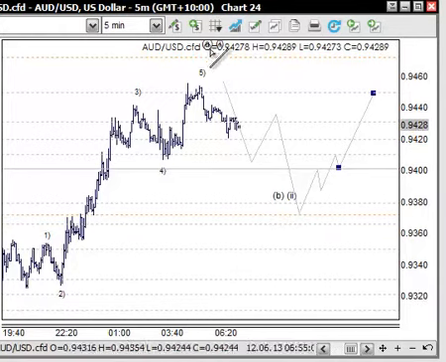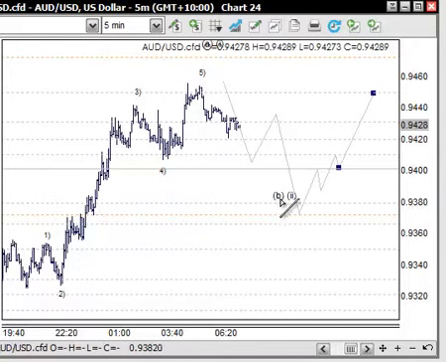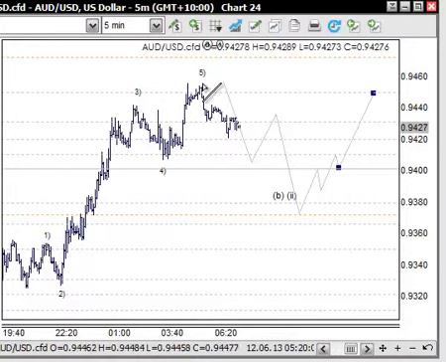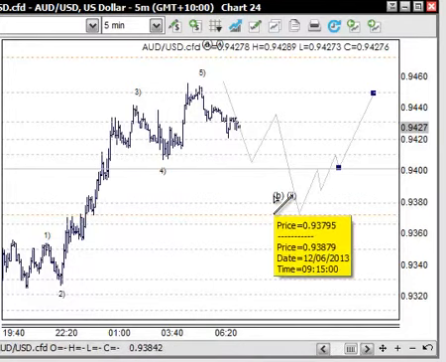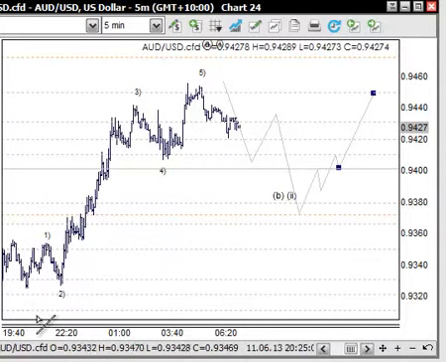This correction has to have some sort of ratio proportion to this 5-wave structure here. So if this is 60% here, then a 40% type of correction there in terms of time and size and so forth. Alrighty, well, I think that's interesting because we've got that first 5 waves up there.